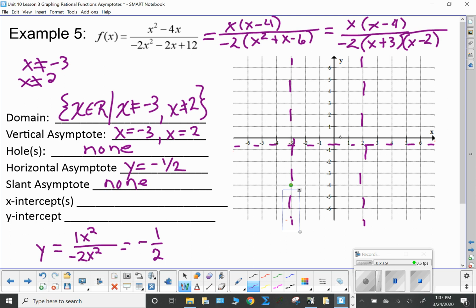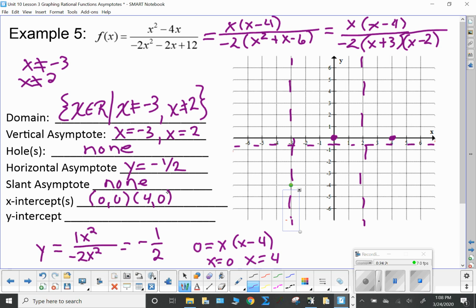Okay, now x-intercepts. That means y is equal to 0. So 0 is equal to x times x minus 4. So I'm going to have two x-intercepts, at x equals 0 and at x equals 4. So it's going to be 0, 0 and 4, 0.